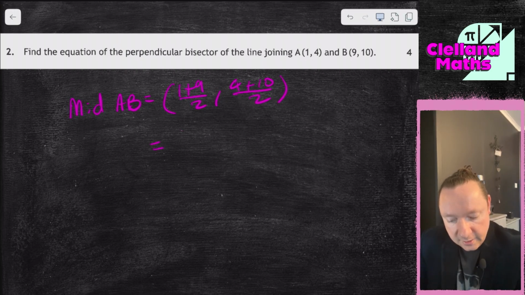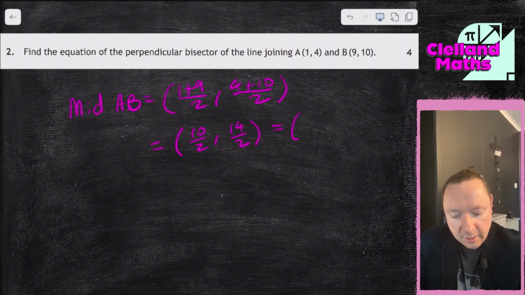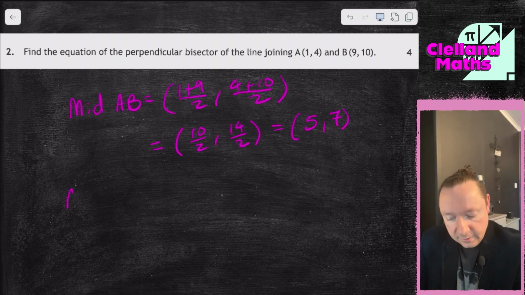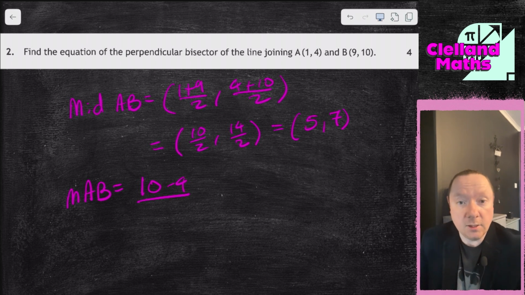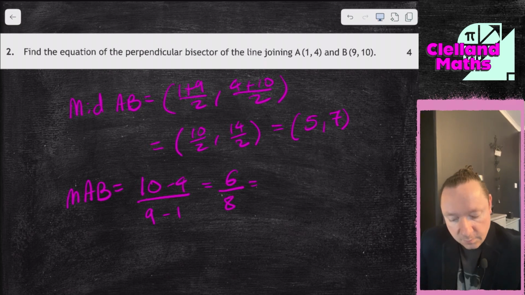1 plus 9 is 10, so that's 10 over 2 and 14 over 2. That gives me 5 and 7. So there's my midpoint, and then I want my gradient of a and b. So 10 minus 4 on the top and 9 minus 1 on the bottom. 6 over 8, which simplifies to 3 over 4.